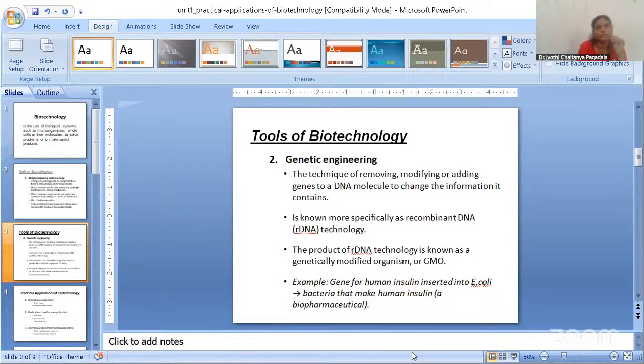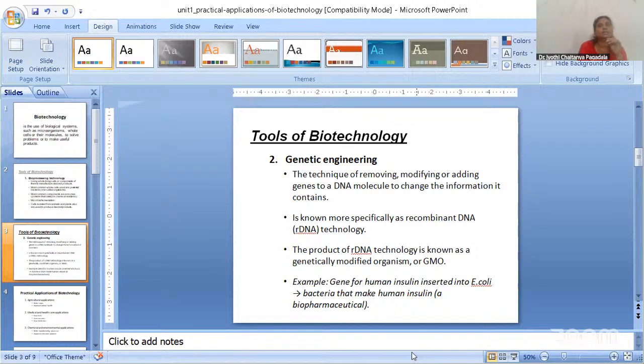gene. Although increase in antibiotic resistance in humans and animals is unlikely to occur using antibiotic resistance markers, genes coding for resistance to non-medically important antibiotics are preferred.